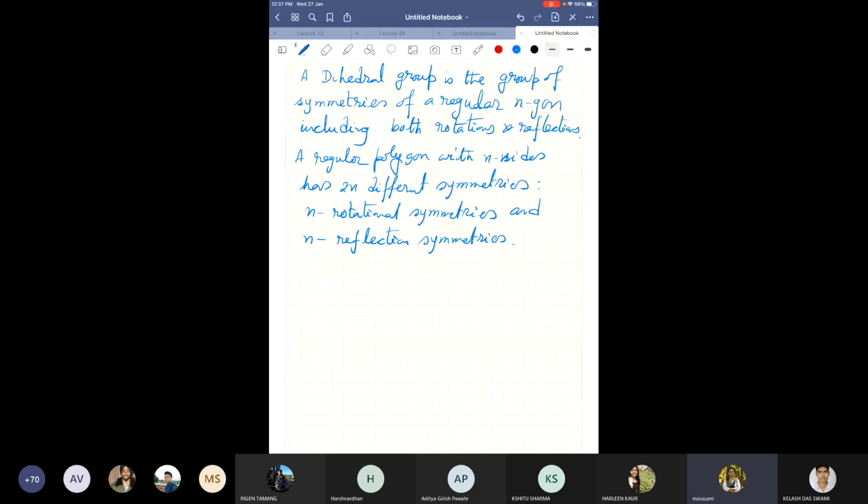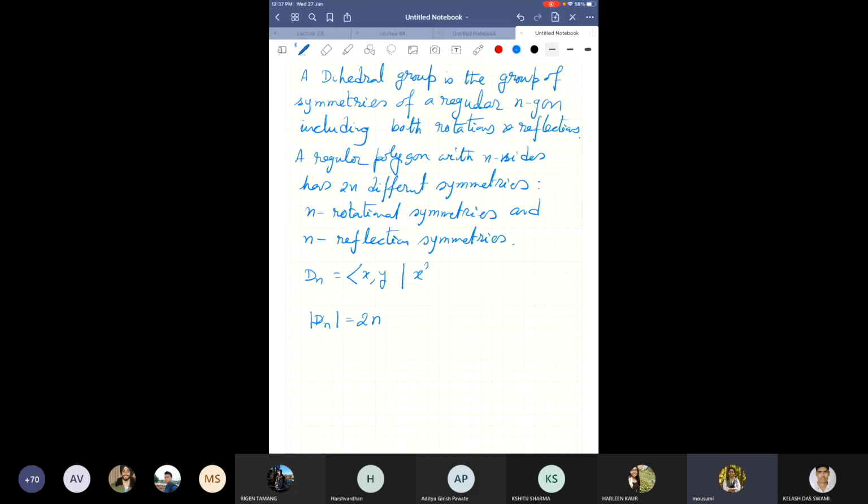Okay, so now if you consider say Dn, the cardinality of Dn is basically 2n, where n number of rotations are there and n number of reflections are there. It is generated by two elements x and y, where x is a rotation by 2 pi by n.